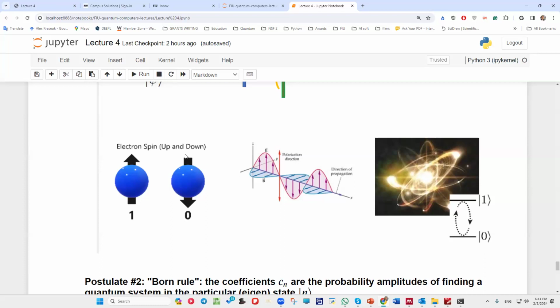And the electron, before we measure it, must be considered to be present in these two eigenstates at the same time, like simultaneously.